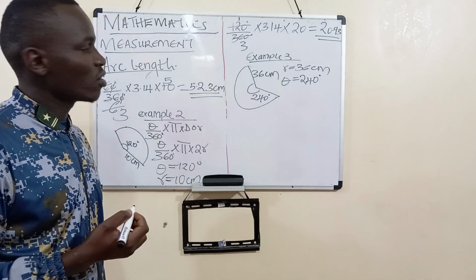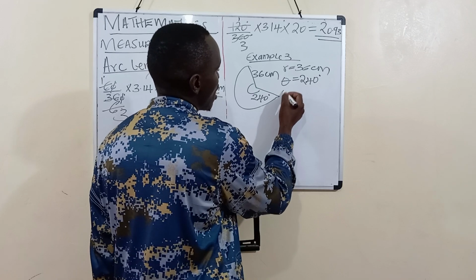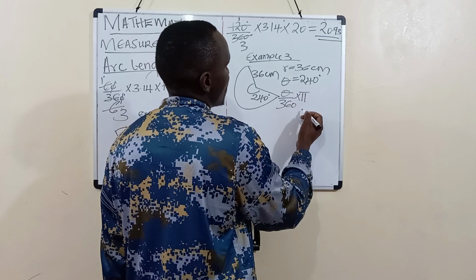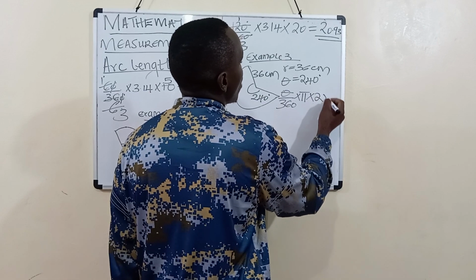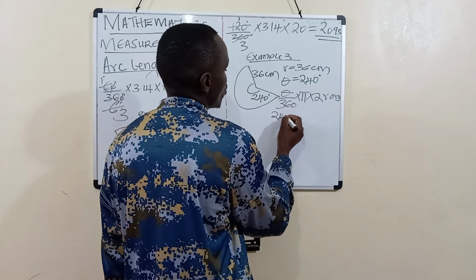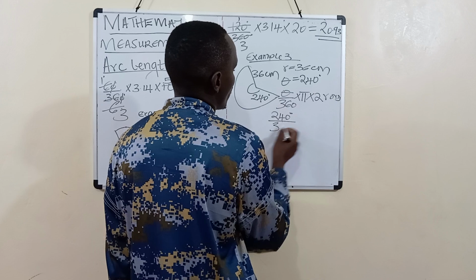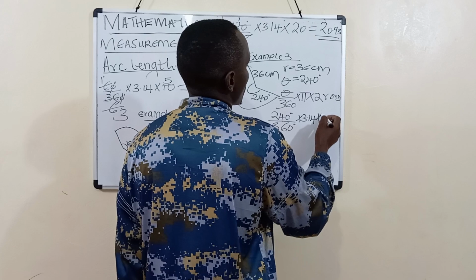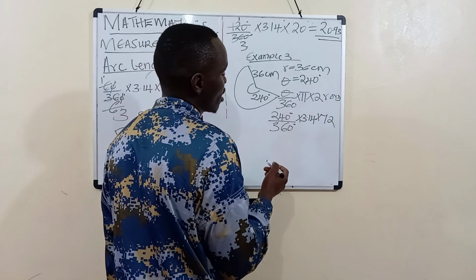To obtain the value here, we are going to have our formula as theta all over 360 multiplied by pi, then multiplied by 2r or d. So we are going to use 240 degrees all over 360 degrees multiplied by 3.14 multiplied by 72, because that is the formula.